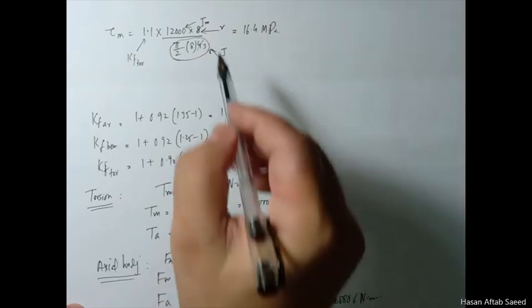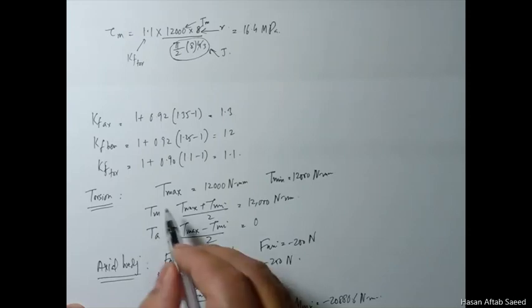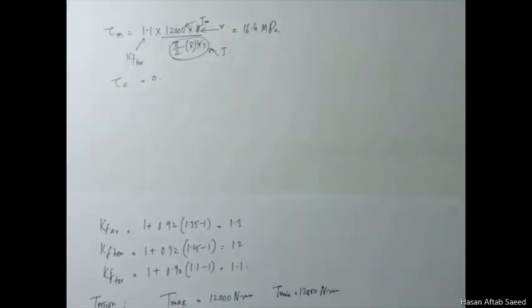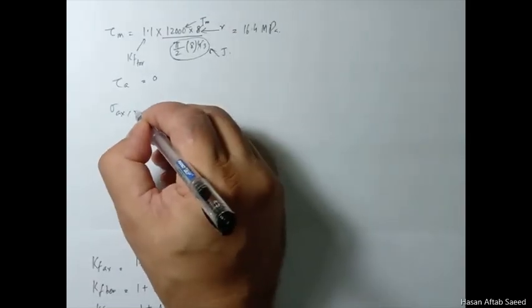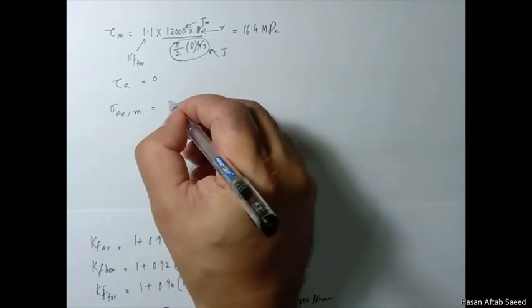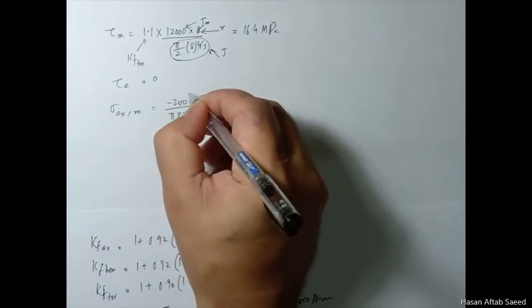If you use Ta for the same, the amplitude component, because Ta is 0, tau a will be 0. Now we come to the axial loading. Axial loading is simply the mean component, minus 200, this is minus 200 over area, pi by 4 times 8 squared.